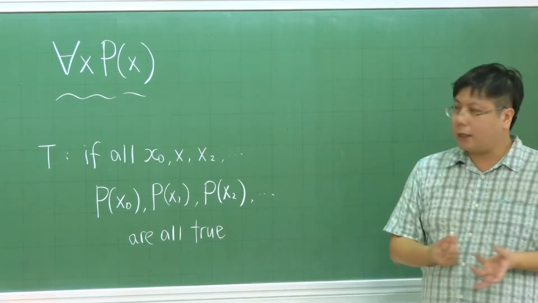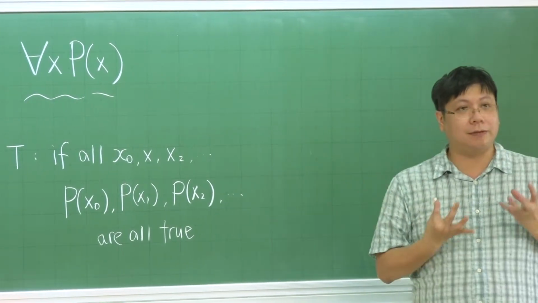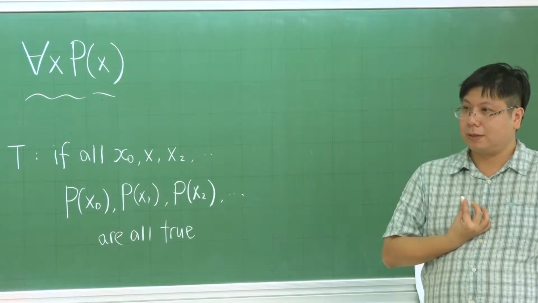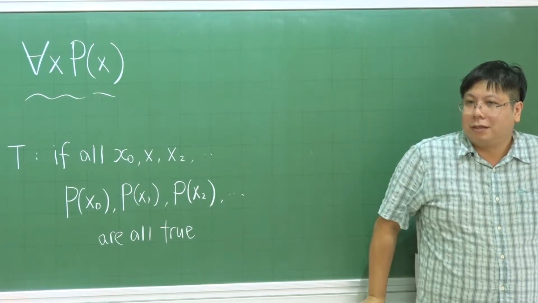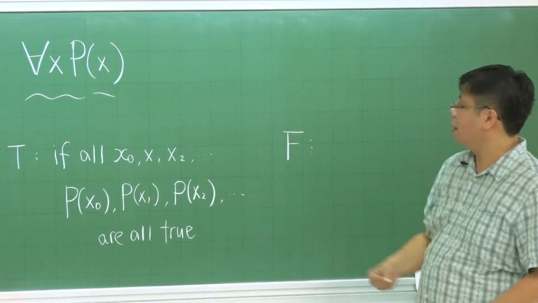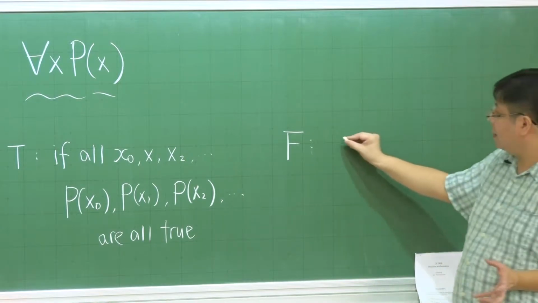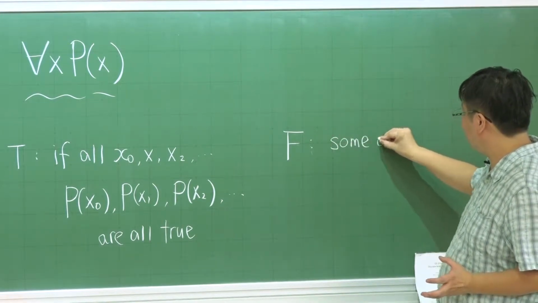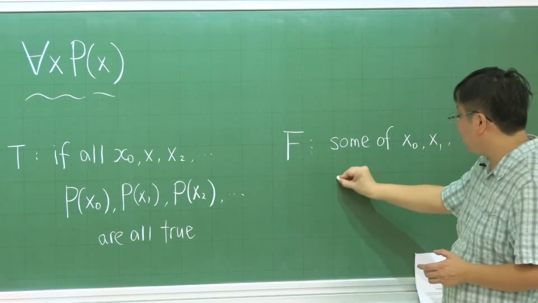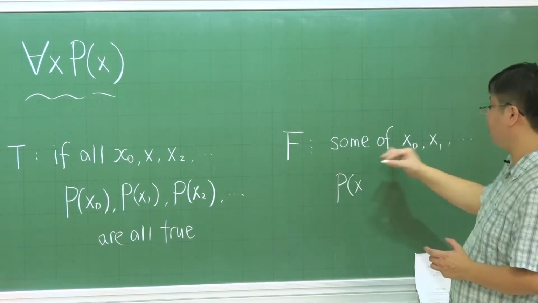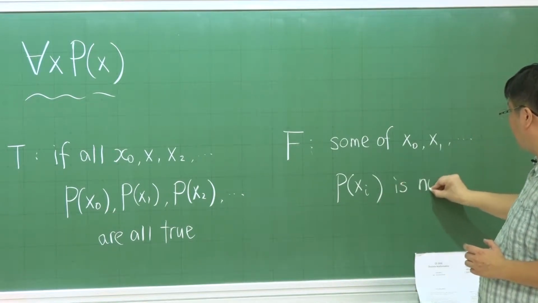But what is the opposite? In which case is it false? This is true when everything here is true, right? So when is it false? It is false when some of these x0, x1, I don't know which one, let's call it xi, P(xi) is not true.